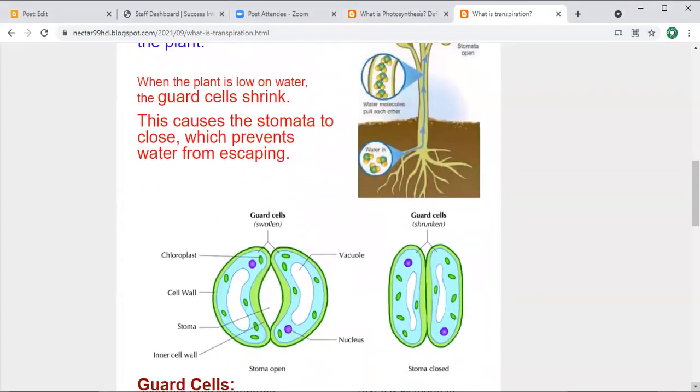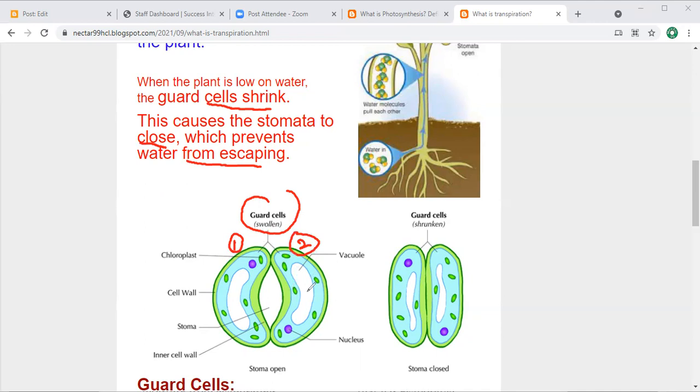When the plant has low or no water, the guard cells shrink, okay? What does it mean? There is no water, so shrink means they will close. This causes the stomata to close, stopping water from escaping. These are two guard cells, okay? This is number 1 and this is the second guard cell.